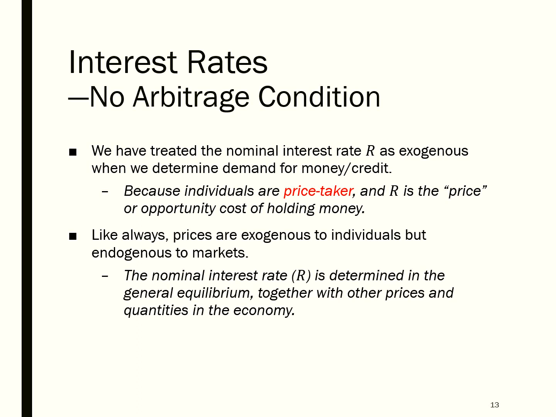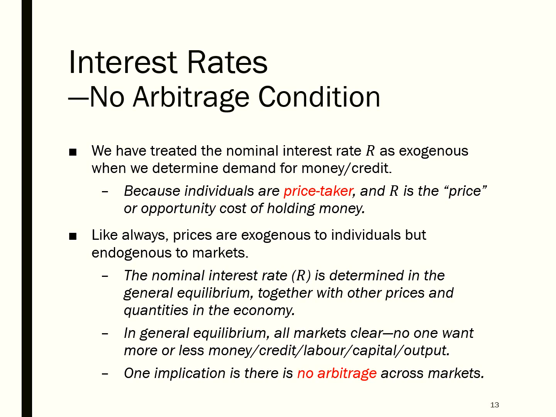So how do we determine this nominal interest rate, the price of money? It is determined just like other markets when the supply side and demand side are equal, or in economic jargon, it means the market has to clear. So in general equilibrium, all markets clear. No one wants more or less money or credit or labor or capital or output in the output market. So all the markets have to clear. One implication here is that there are no arbitrage opportunities across markets or within markets.